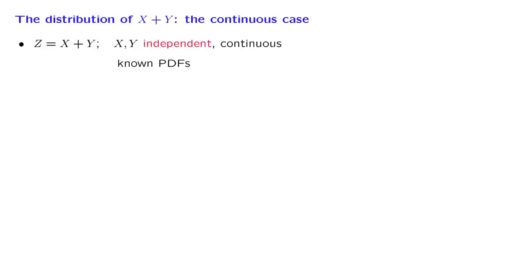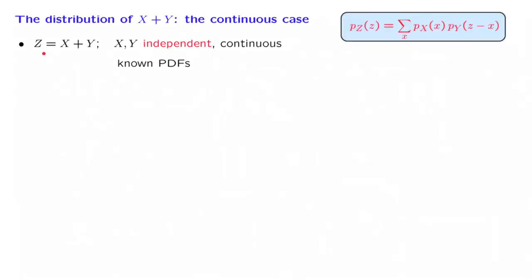We now develop a methodology for finding the PDF of the sum of two independent random variables when these random variables are continuous with known PDFs. So in that case, z will also be continuous and so we'll have a PDF. The development is quite analogous to the one for the discrete case, and in the discrete case we obtained this convolution formula.